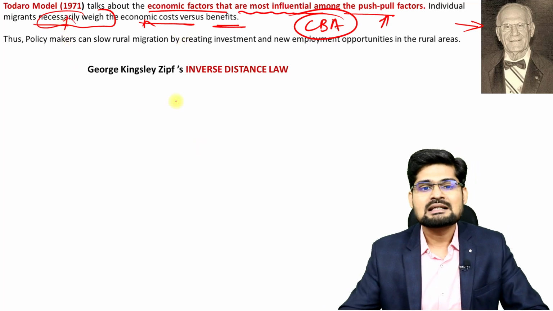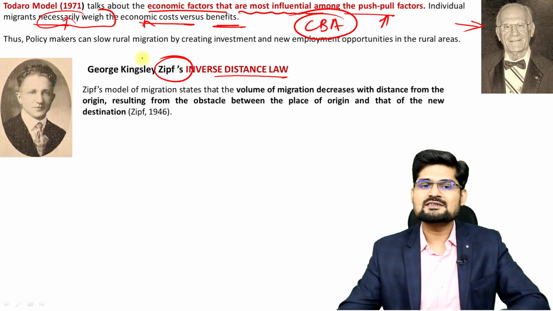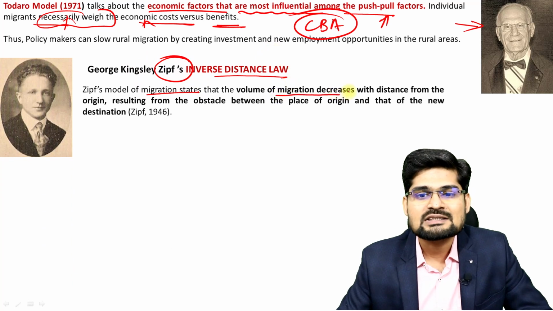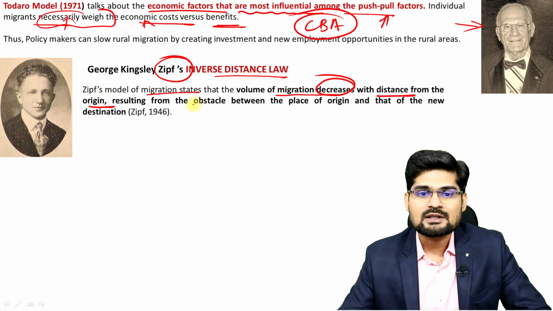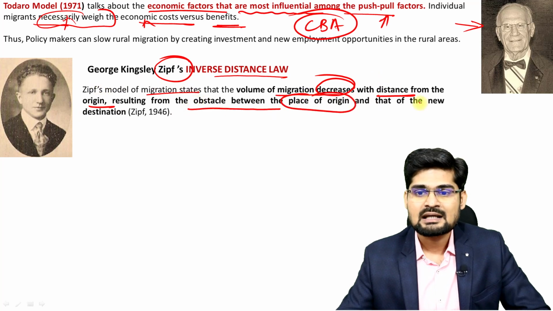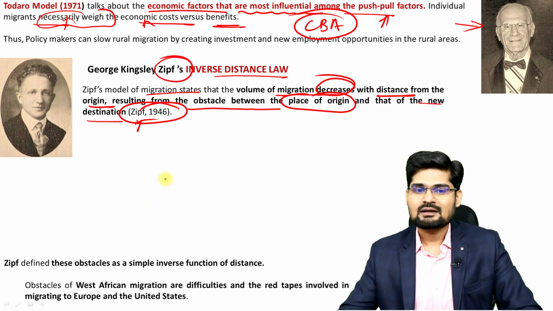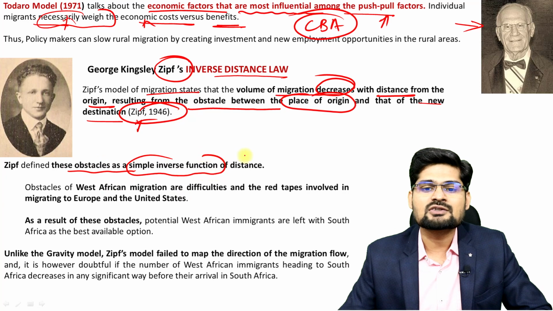And apart from this, the inverse distance law given by Zipf. If you remember this gentleman, Zipf's model of migration, it talks about what? Volume of migration decreases with distance from origin, resulting from the obstacle between the place of origin and that of the new destination. This was given in 1946, right? So what you observe is, he defined this obstacle as a simple inverse function of the distance.